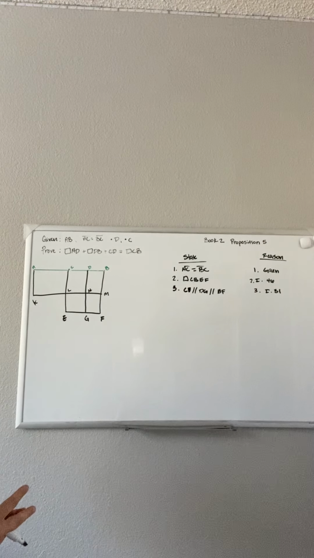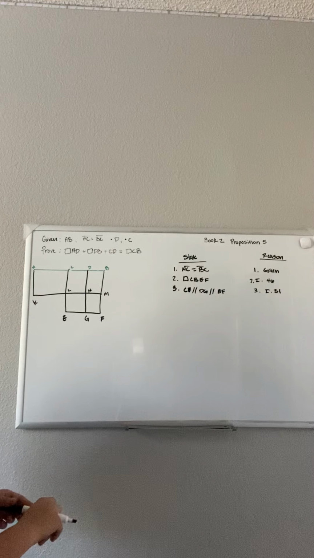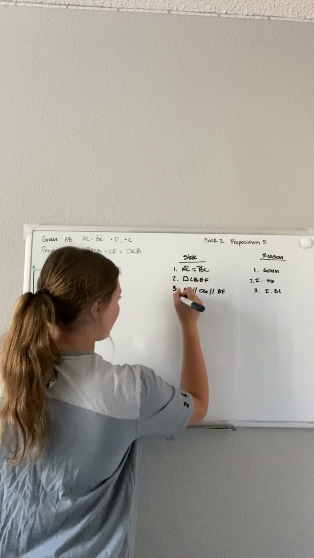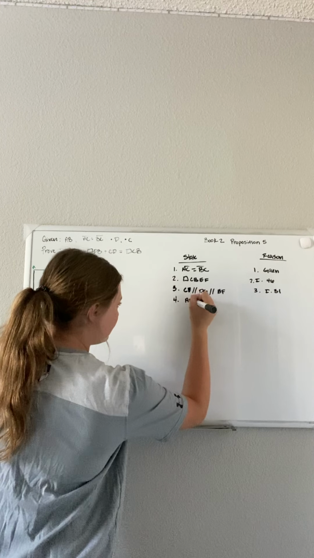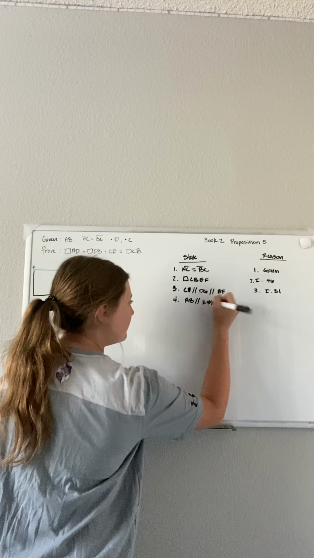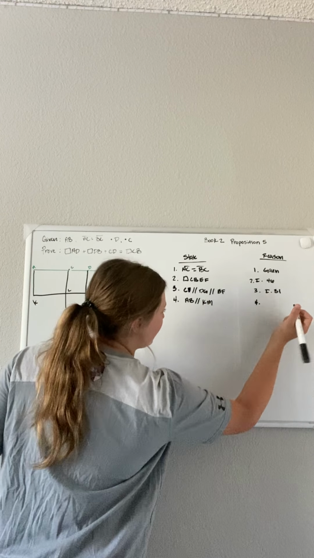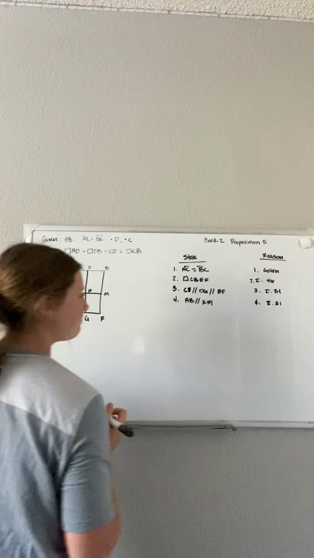So next we are going to say that the line AB and KM are parallel lines. So we have AB is parallel to KM, also because of Proposition 31.